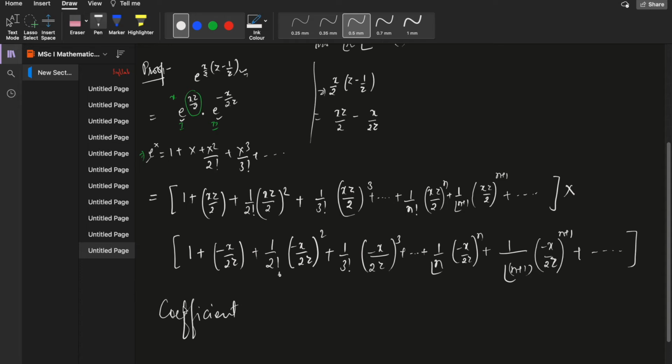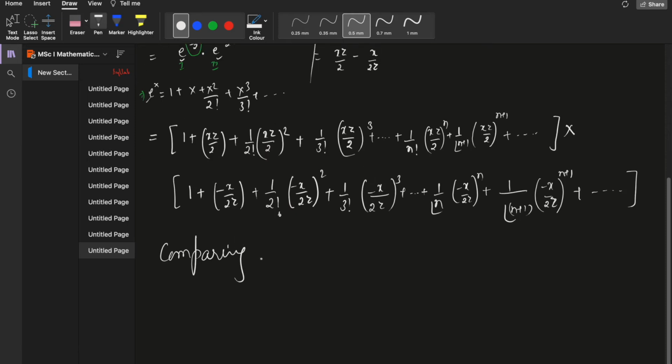Comparing the coefficient of z to the power n.